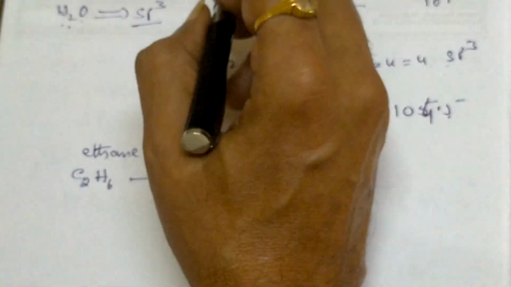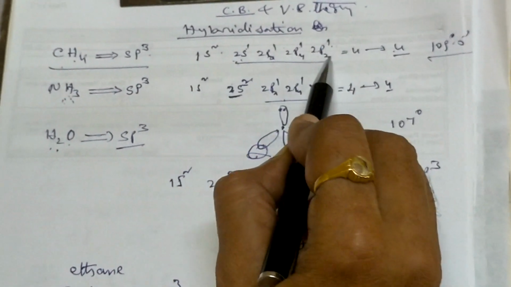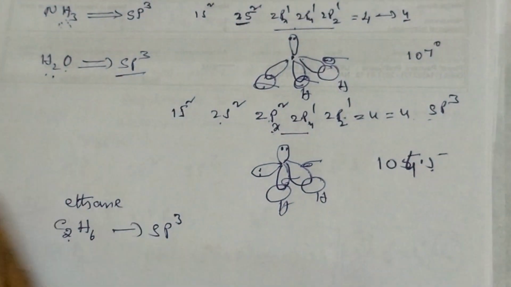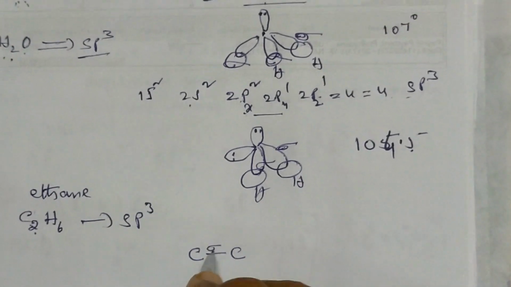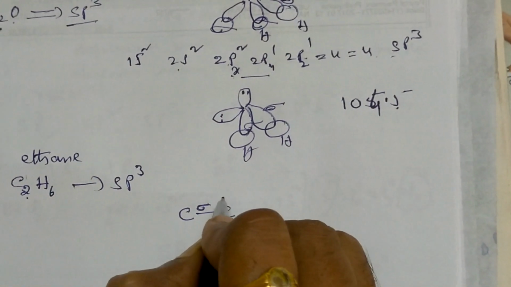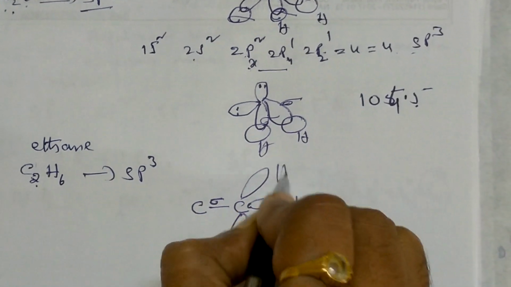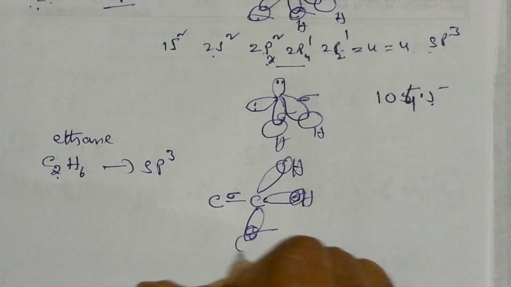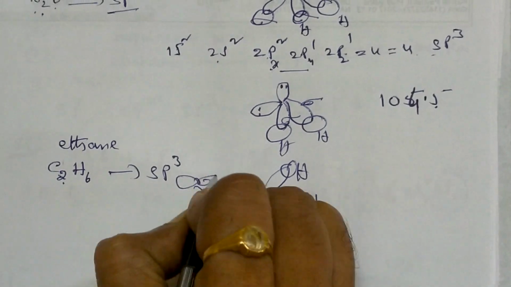Carbon is similar to carbon here: 2s1, 2px1, 2py1, 2pz1 like this. 4 orbitals are formed in one carbon, and in the other carbon. Two of these mix together, and that is a sigma bond between C and C, and 3 orbitals form sigma bonds with the hydrogens. Similarly for the other hydrogens.